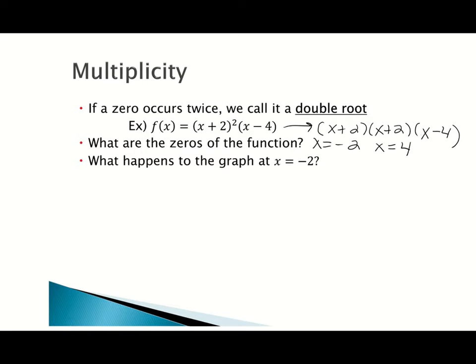What that would look like is if we had an axis and we had a 0 at 4 and a 0 at negative 2, we also know here that our y-intercept should be at 2 times 2 times negative 4.